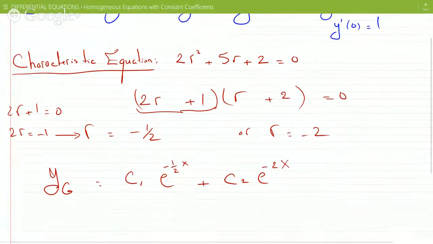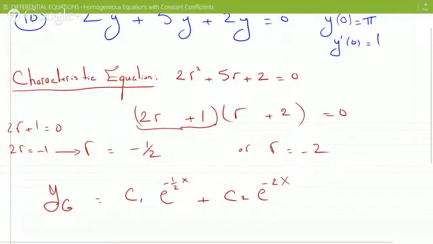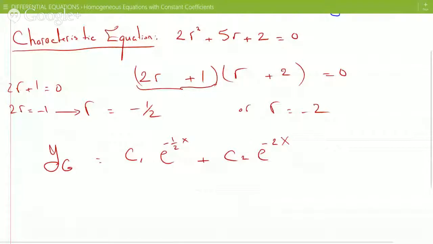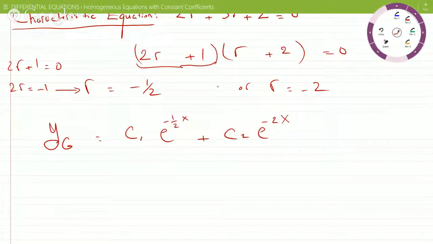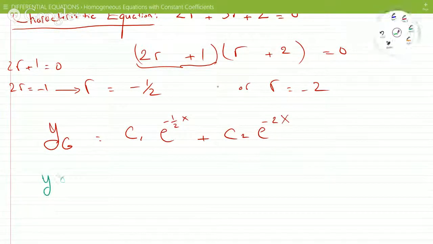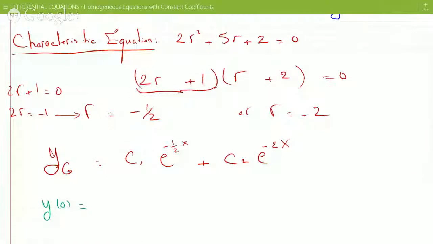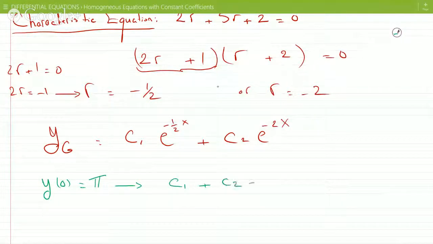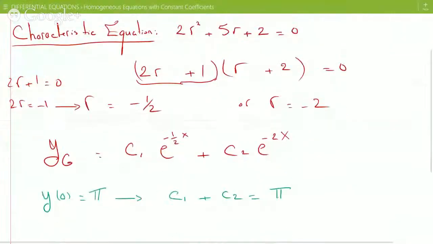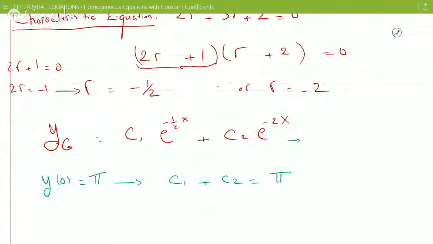And now the initial conditions would enable us to find the constants C1 and C2. So let's invoke those. So if y of 0 equals pi, that just means when x equals 0, y is pi. So that means C1 plus C2 equals pi. And the first derivative means we have to differentiate this.